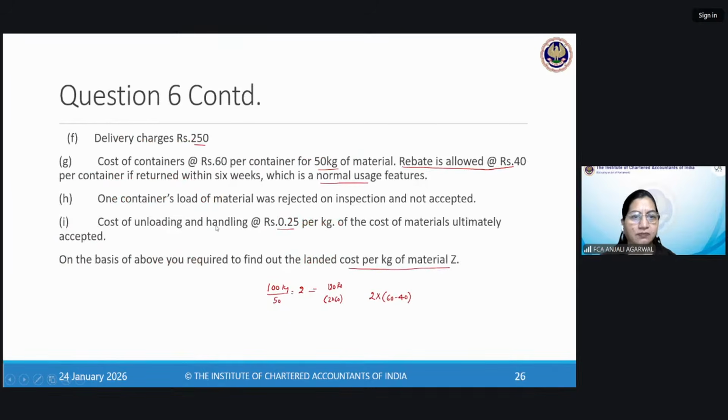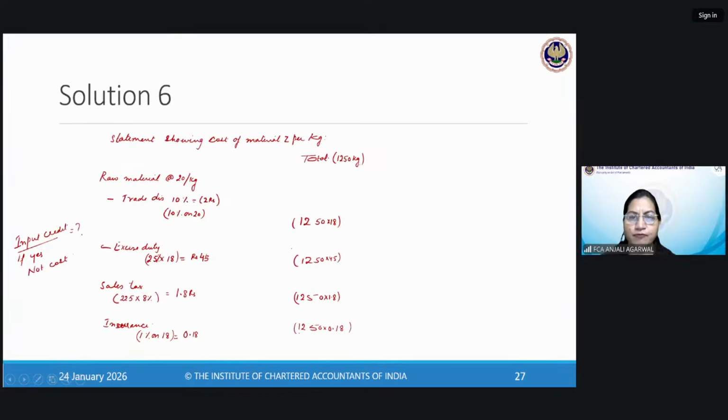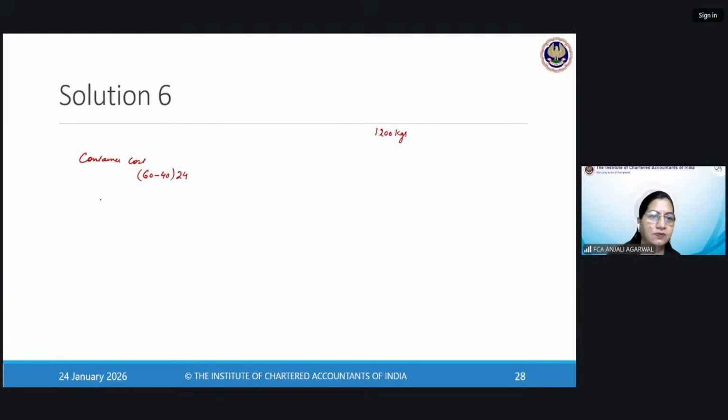Further, loading, unloading, and handling 0.25 per kg. So 1200 into 0.25. This cost will also be calculated on 1200 kgs only. Unloading and handling.